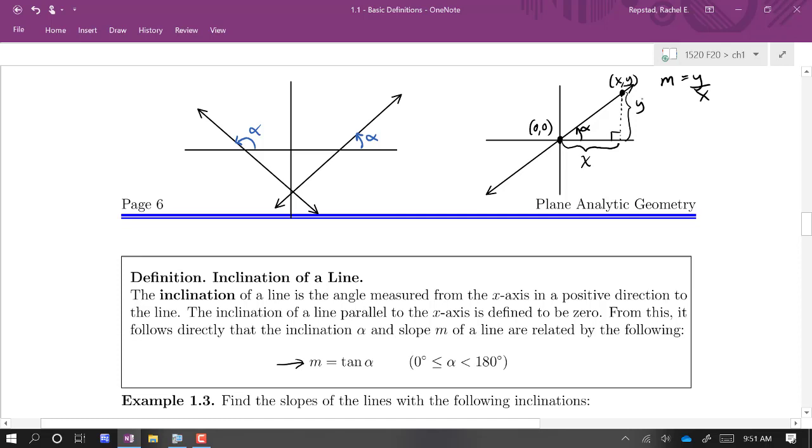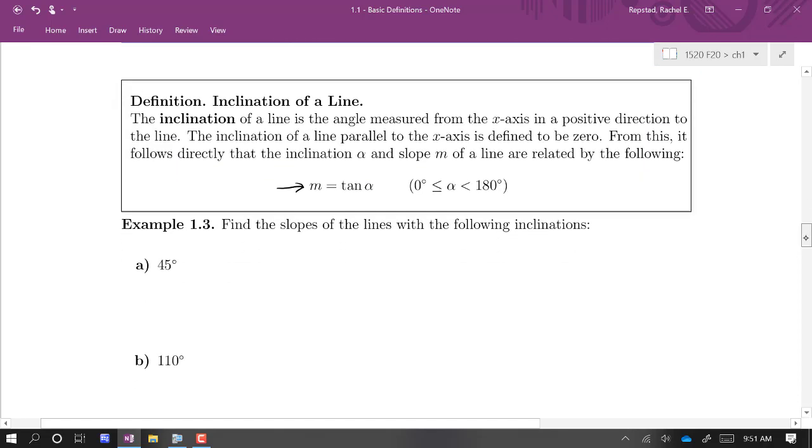And so using SOHCAHTOA, some right triangle trigonometry, the TOA part tells us that tan alpha is equal to y over x, and that is exactly the slope there. So this relationship between the slope and the inclination is not too hard to see.